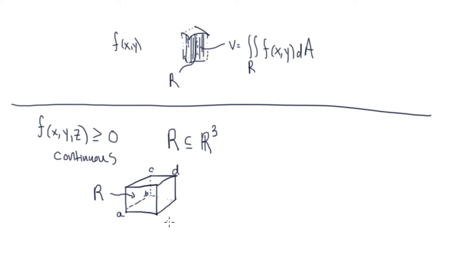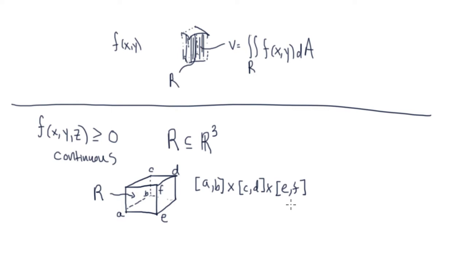And then the z coordinates can go from maybe e to f, like that. So we can think about this box as being the product of these three intervals, a b, and then c d, and then e f in the z direction.